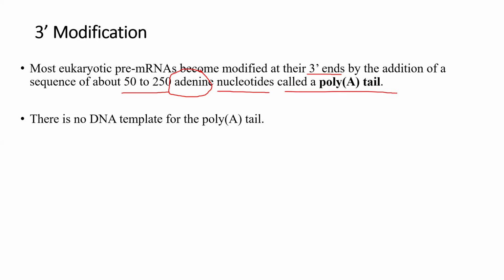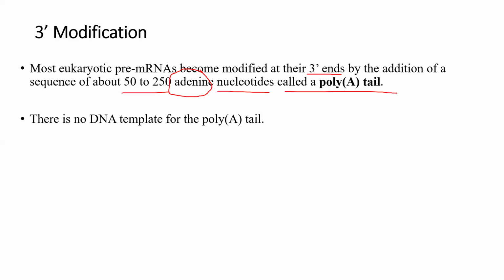When the gene is transcribed into mRNA, the DNA sequence is used as a template, obviously, for the synthesis of mRNA, but there is no DNA template for this poly A tail. The information for this poly A tail is not in the DNA. For example, if a poly A tail is added, complementary to it there should be thymine nucleotides in the gene or DNA.